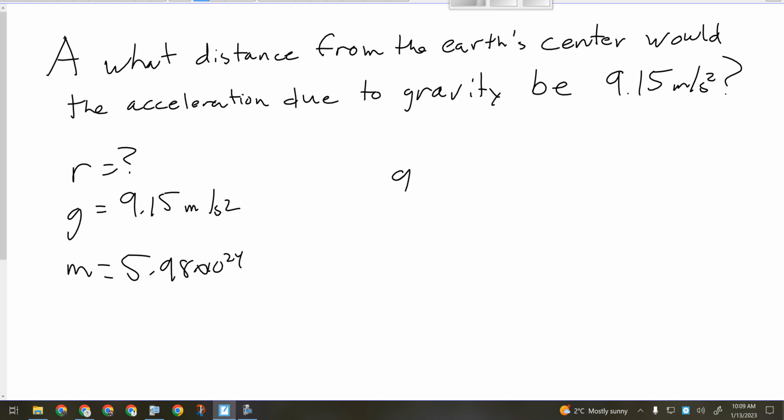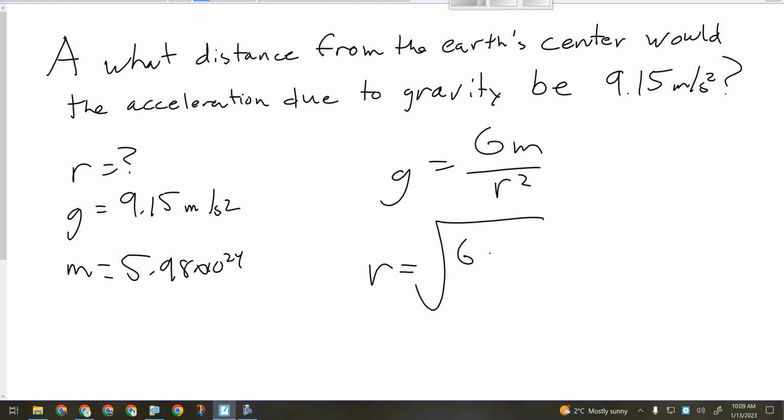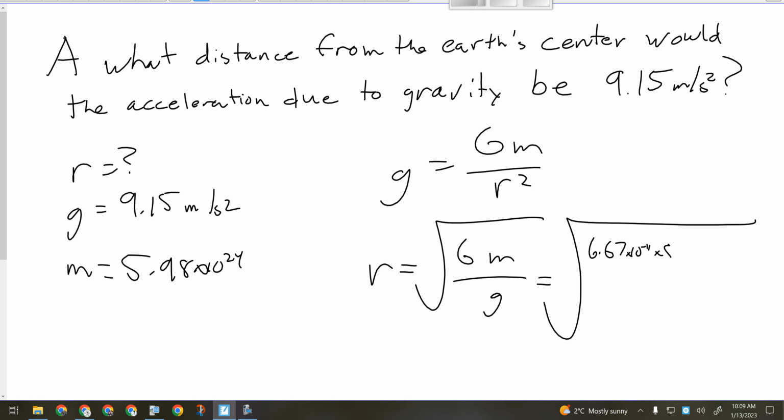Okay, so we've got little g equals big G times m over r squared. So r is going to equal the square root of big G times m over little g. So that'll be 6.67 times 10 to the minus 11 times 5.98 times 10 to the 24 divided by 9.15.